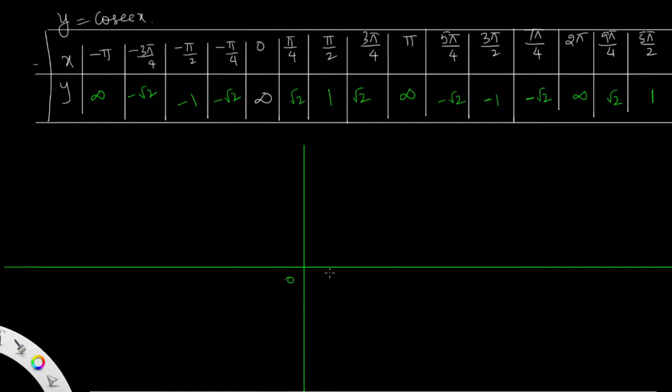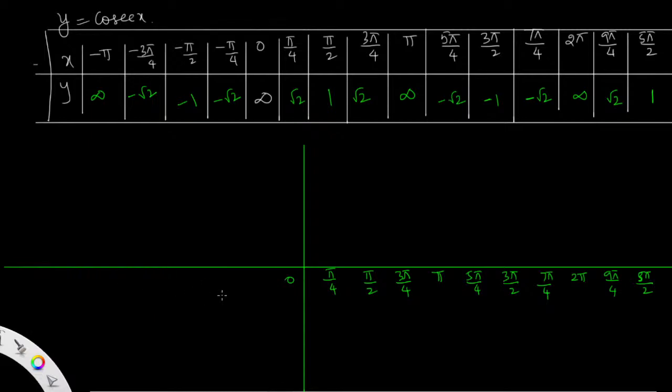So 0, then pi by 4, pi by 2, 3 pi by 4, pi, 5 pi by 4, 3 pi by 2, 7 pi by 4, 2 pi, 9 pi by 4, 5 pi by 2.